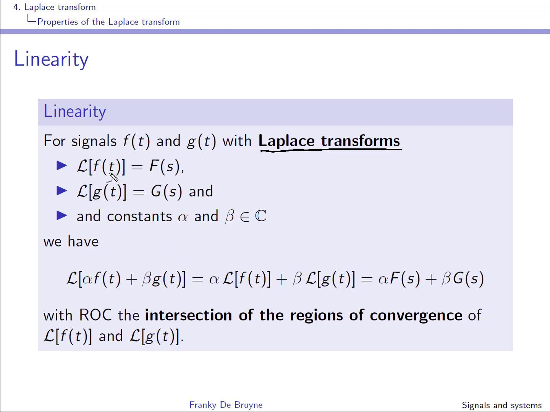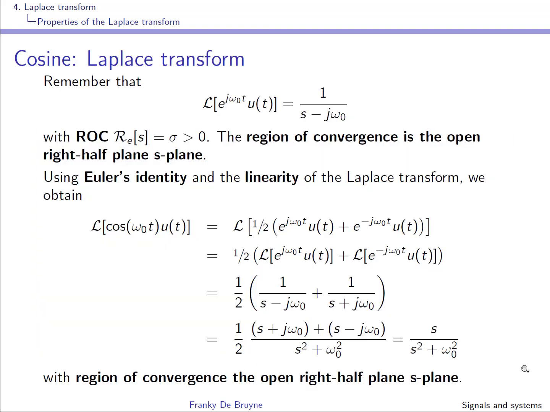So if you know the Laplace transform of f(t) and the Laplace transform of g(t), you can come up with the Laplace transform of linear combinations of these. And this is how we'll find the Laplace transform of a sine and a cosine. So now we need to extend our catalog of Laplace transforms, and we'll do that by obtaining the Laplace transform of a cosine.